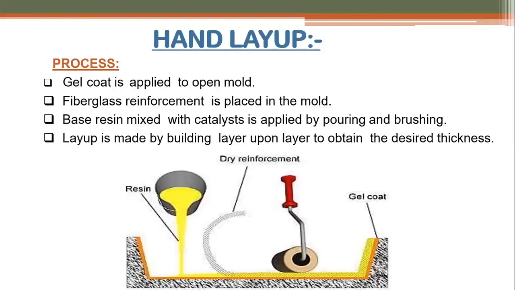Then the dry reinforcement is applied on the resin and rolled with a roller. After curing, the part of the desired thickness is removed from the mold.